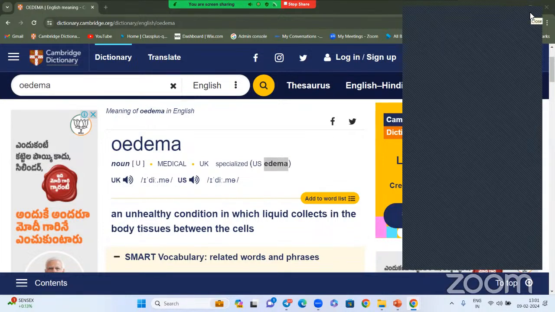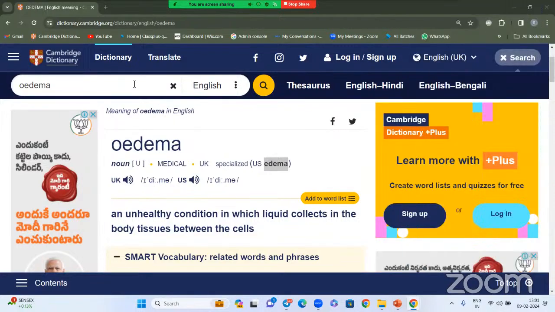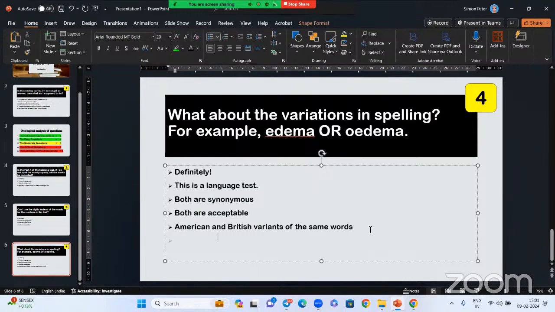Accepted variants, okay. COLOR is okay. COLOUR is okay. But if you say Americans use O, so I will use U, you would call this Mansi spelling.